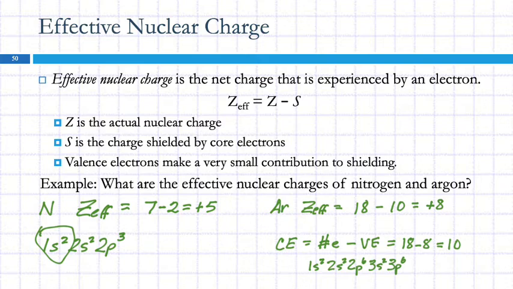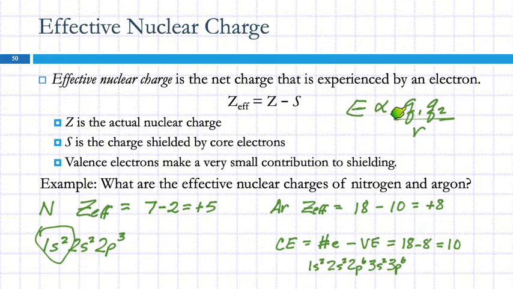So Coulomb's law tells us that the energy of attraction is equal to Q1 times Q2 divided by the radius. Well, the charge on the electron is always -1. But the charge on the nucleus that valence electron experiences is determined by the shielding, and so is best approximated as this effective nuclear charge.